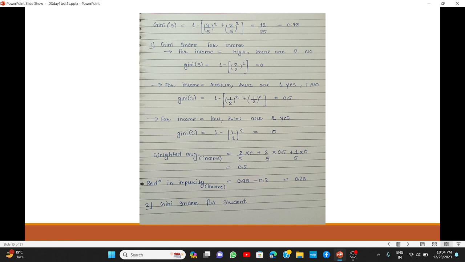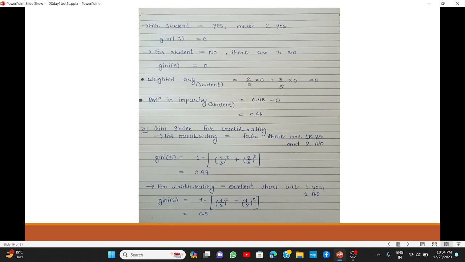In high there are 2 no, so Gini for high is 0. For medium there are 1 yes and 1 no, so Gini for medium is 0.5, and for low there is only 1 yes, so Gini for low is 0. The weighted average of income is 0.2, and the reduction in impurity in income is 0.28.